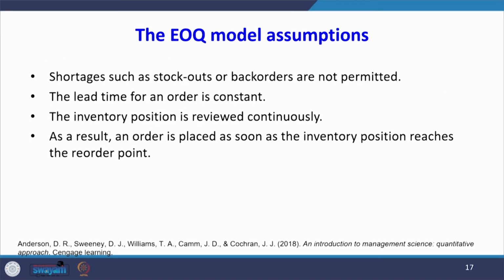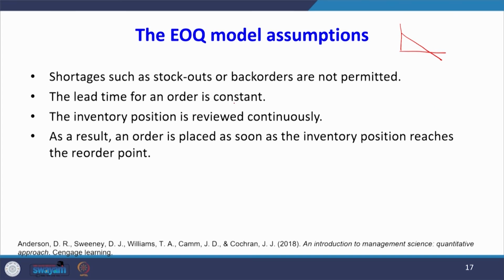Shortages such as stockouts or back orders are not permitted. What is a stockout? If the demand goes on the negative side, that is not permitted. What is a back order? For example, the January order cannot be fulfilled in the month of February. That is the meaning of back order.